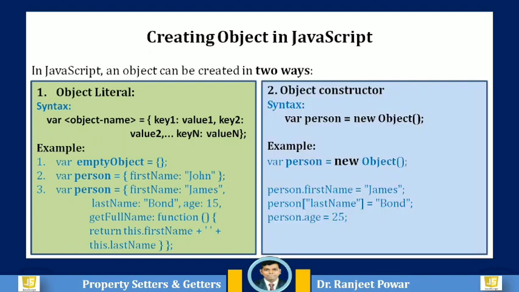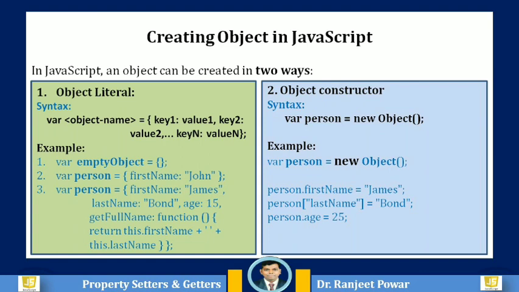The second way to create an object is with the object constructor using the new keyword. You can attach properties and methods using dot notation. Optionally, you can also create properties using square brackets and specifying the property name as a string.